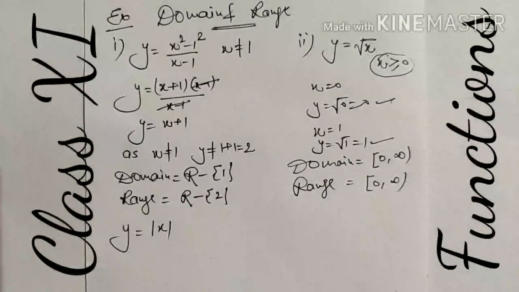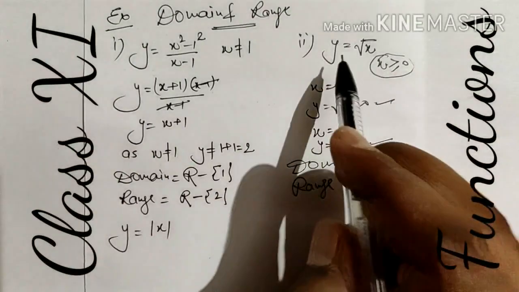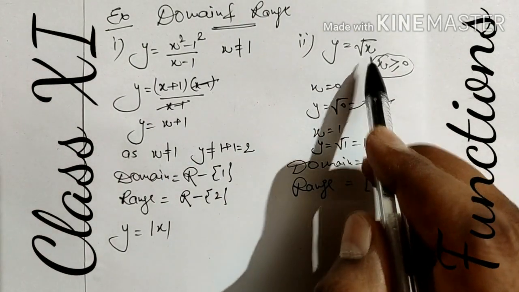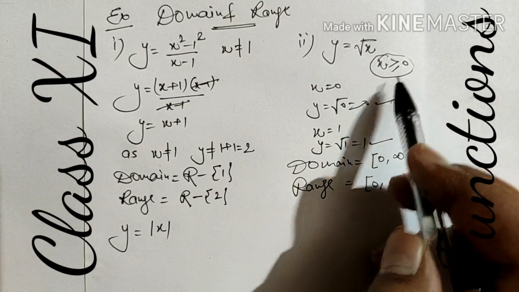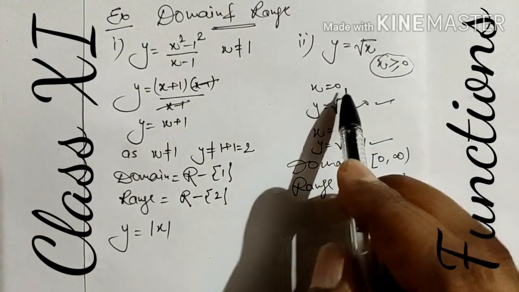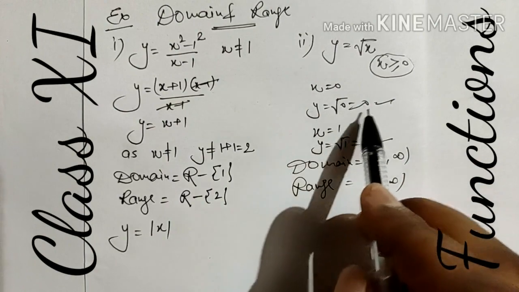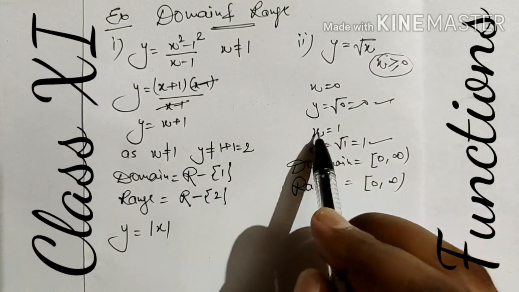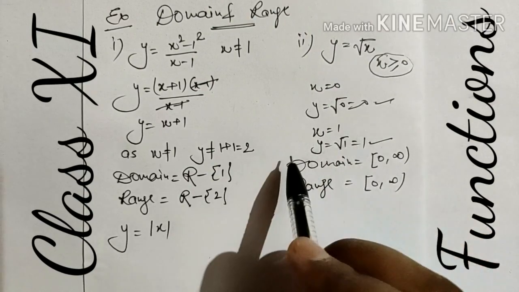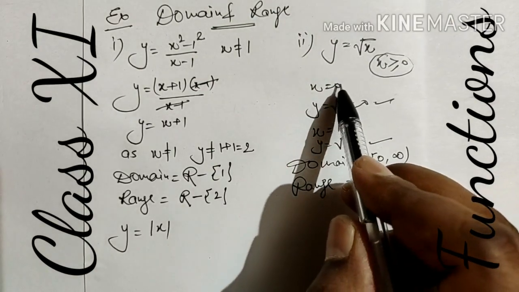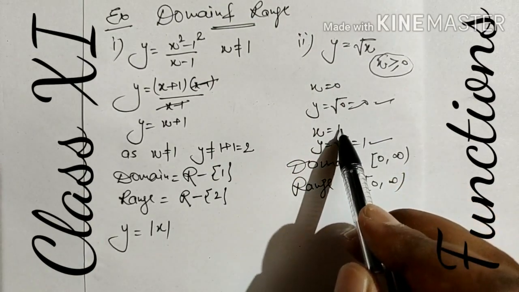In this example, we have taken y is equal to square root of x, where x is restricted: x is greater than or equal to 0, meaning always positive. When we put x equal to 0, y becomes square root of 0, meaning 0. When we replace x by 1, y becomes square root of 1, that is 1. What we observe is that x goes on increasing from 0 to 1.